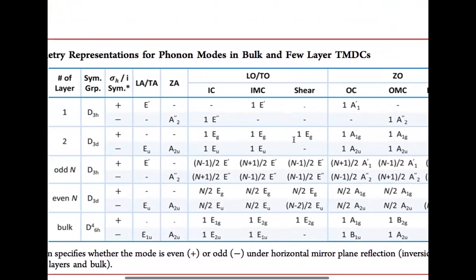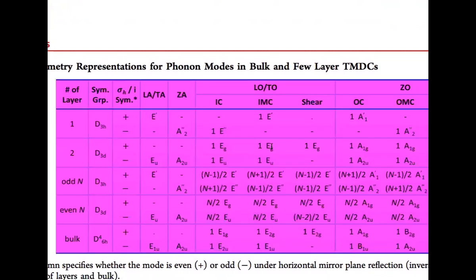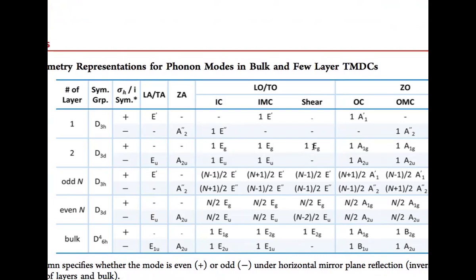You can see that these modes have the same representation as the shear mode. The shear mode is EG, and they also are EG.